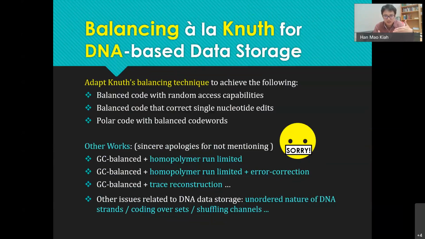In the recent Transactions work, they look at this problem, and in addition to coding it such that you can reconstruct with few traces, they also introduced this GC balance notion, to decrease the probability of deletions for the physical channel.